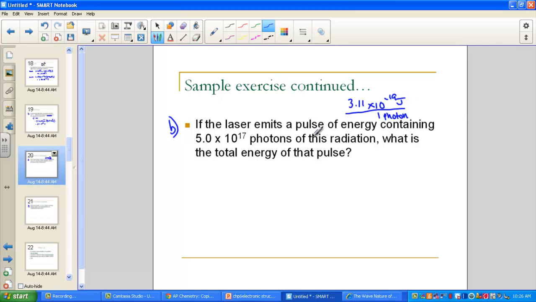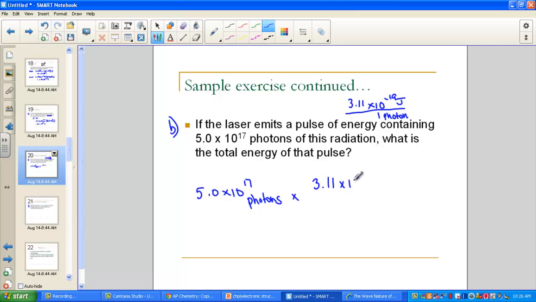So what if we had a laser emitting a pulse of energy where 5 times 10 to the 17th photons were being released? What's the total energy of that pulse? So if I had 5.0 times 10 to the 17th photons being emitted, my conversion factor from the solution of part A says, you know what?